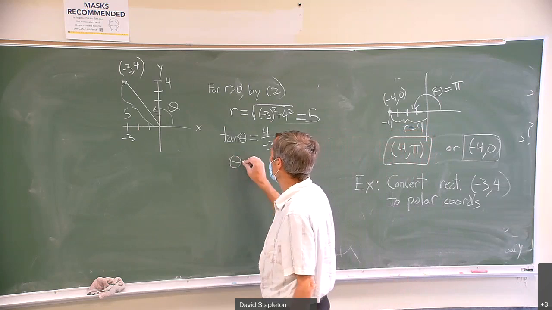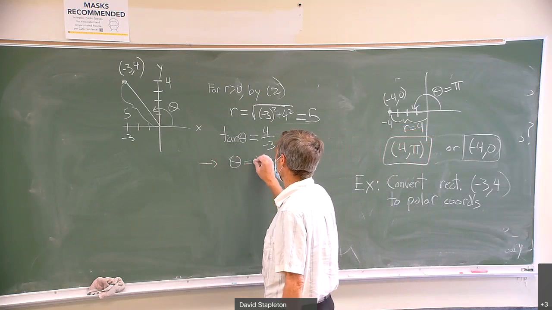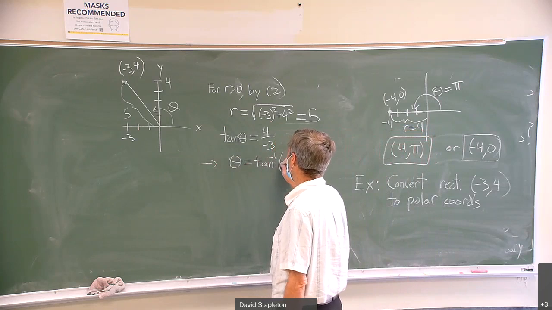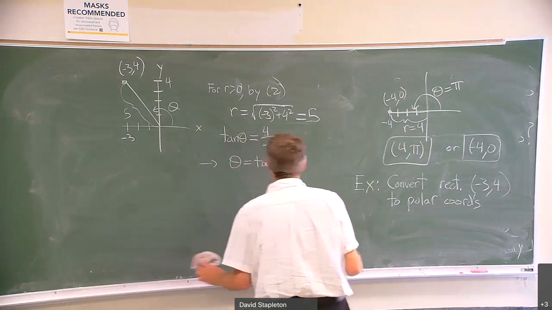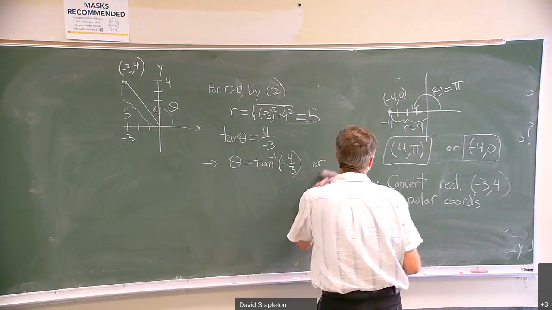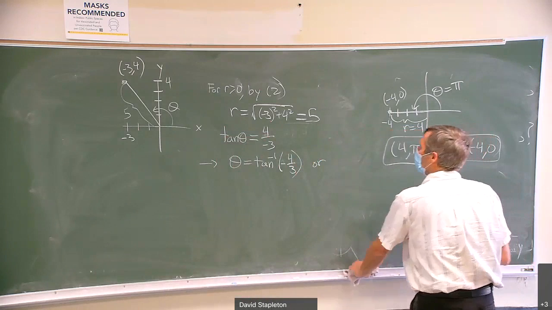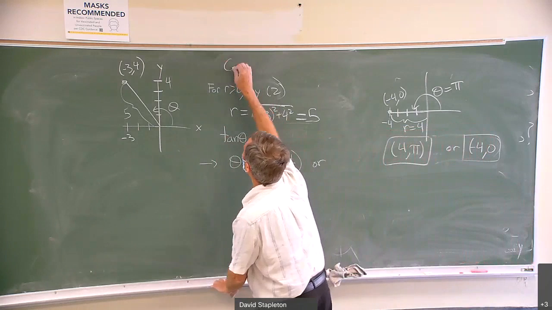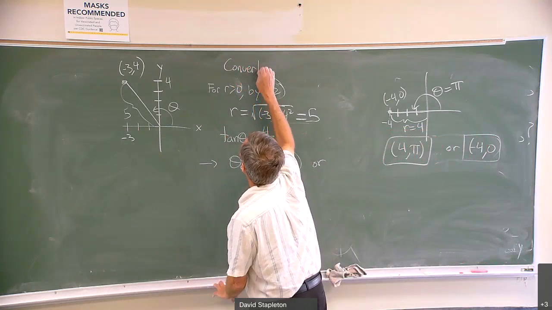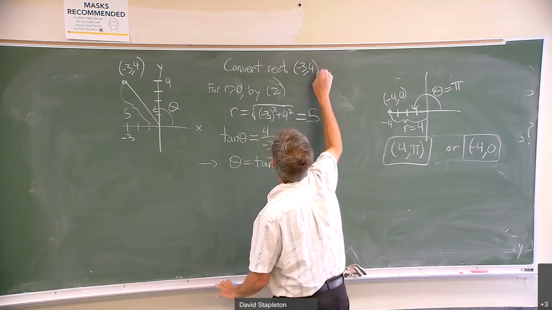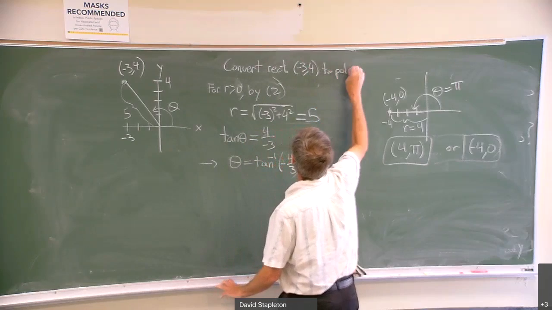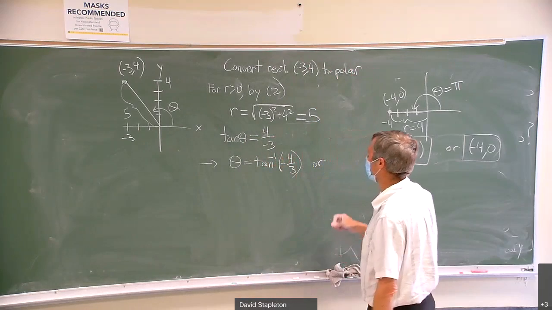But one solution is theta equals the arctangent of minus 4/3. What's the other one? The other one is directly opposite, right?